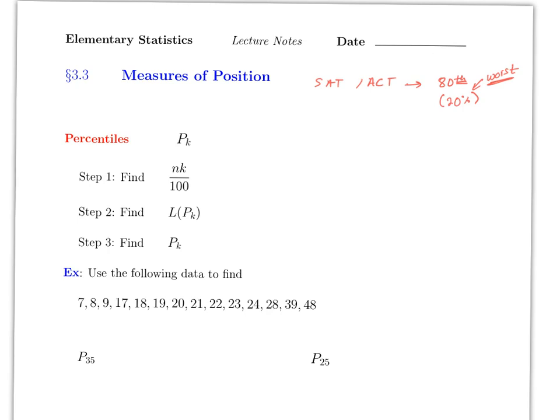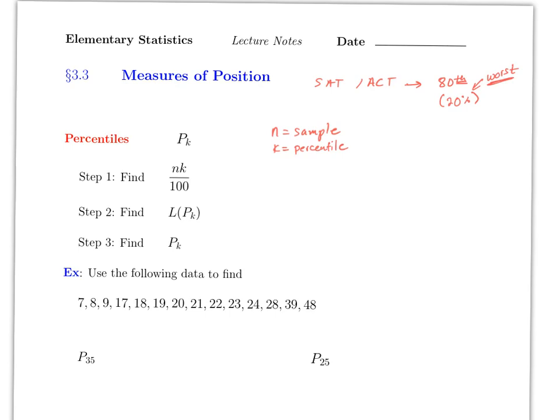So how do you find percentiles? Well, here are the steps, and this is actually fairly easy. Remember that n is the sample size or the data size. K is going to be whatever percentile you want. So if you want the 17 percentile, then K will be 17, and 100 is because we have percentages.